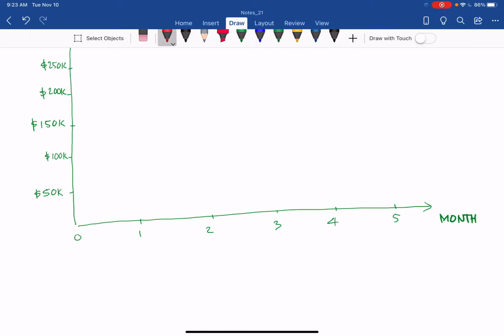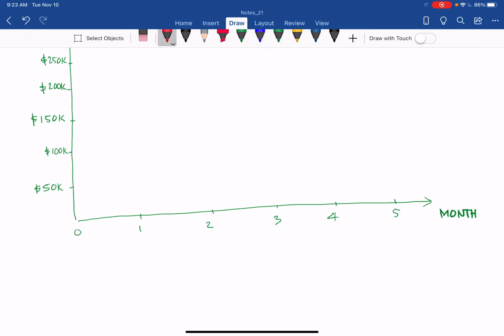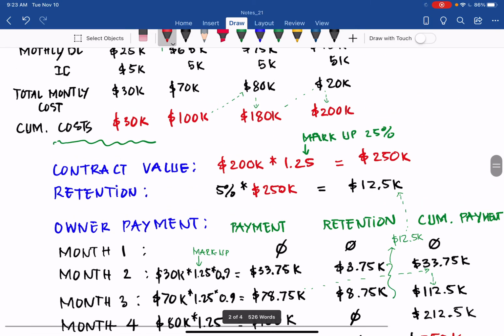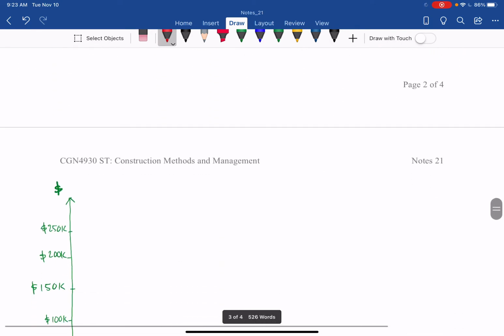Structure spent 30,000, assuming it's a straight line. And then we have the next, 100 and 180.